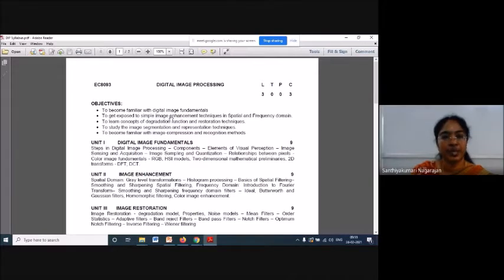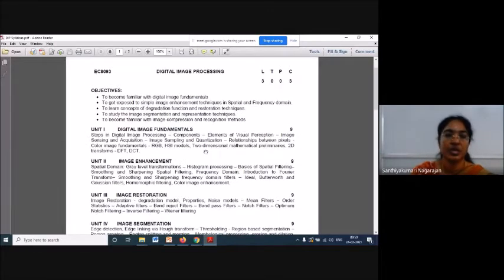You're going to get some exposure to image segmentation techniques in two different domains, spatial and frequency domain. You're going to learn the concepts of degradation function and restoration techniques, study image segmentation and representation techniques, and become familiar with image compression and recognition methods. These are the objectives of this course.